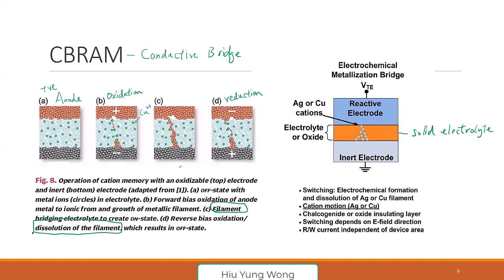So I guess here the source of the bridge is the anode, whereas in the resistive RAM, the source of the bridge is the material in the middle, via the holes.